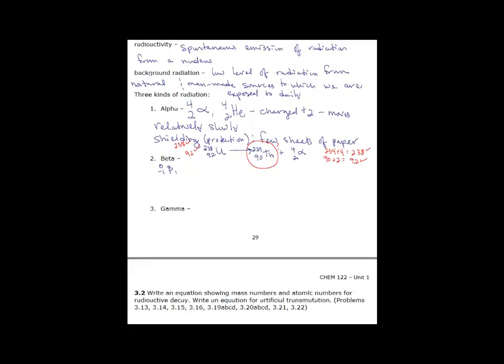Remember, we have a subatomic particle that has a -1 charge. So the proton, electron, or neutron? The electron, right? The electron has a -1 charge, and it has a 0 mass. So you could either write this symbol beta or e, and that means the same type of radiation. Beta moves faster than alpha.